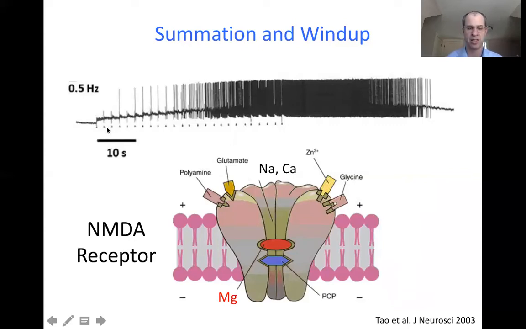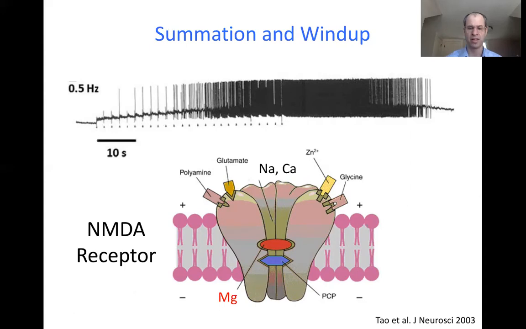With repeated peripheral stimulations, there's an increased response, initially not firing action potentials, then consistently firing single action potentials, and then more action potentials. The duration of this response in the second-order neuron actually outlives that of the stimulation.